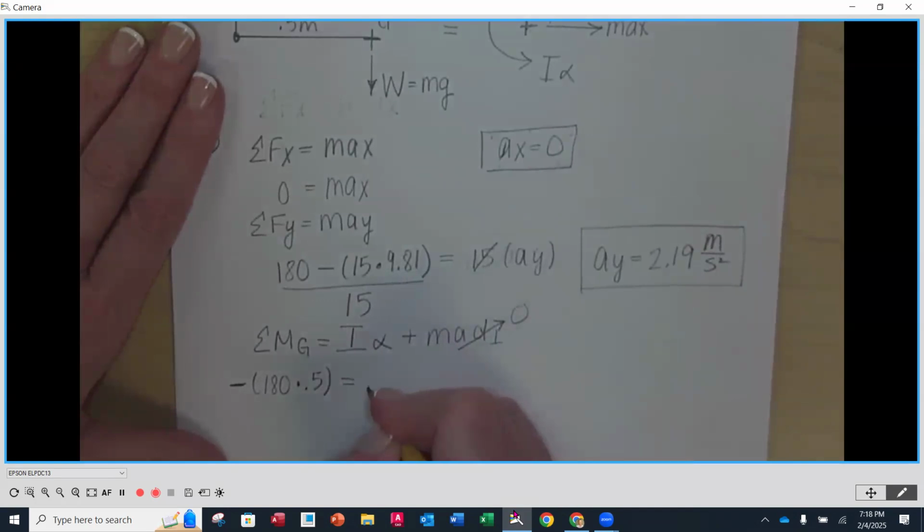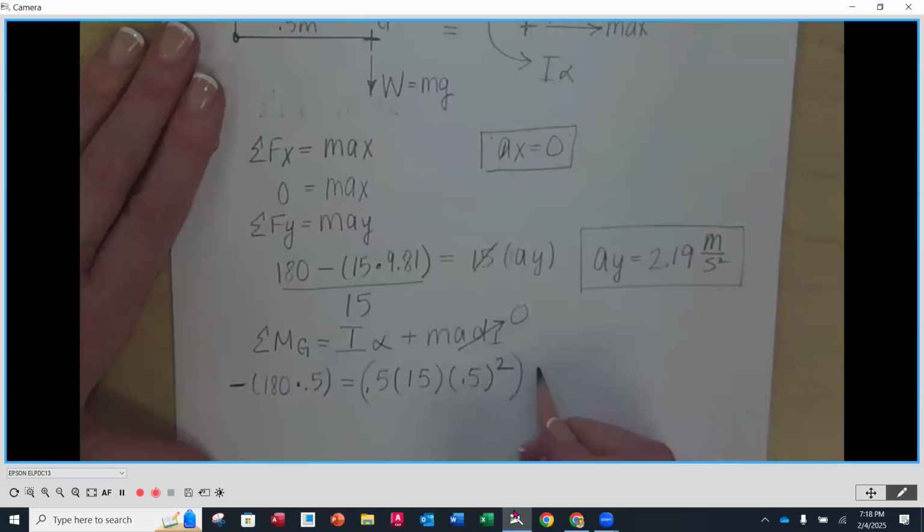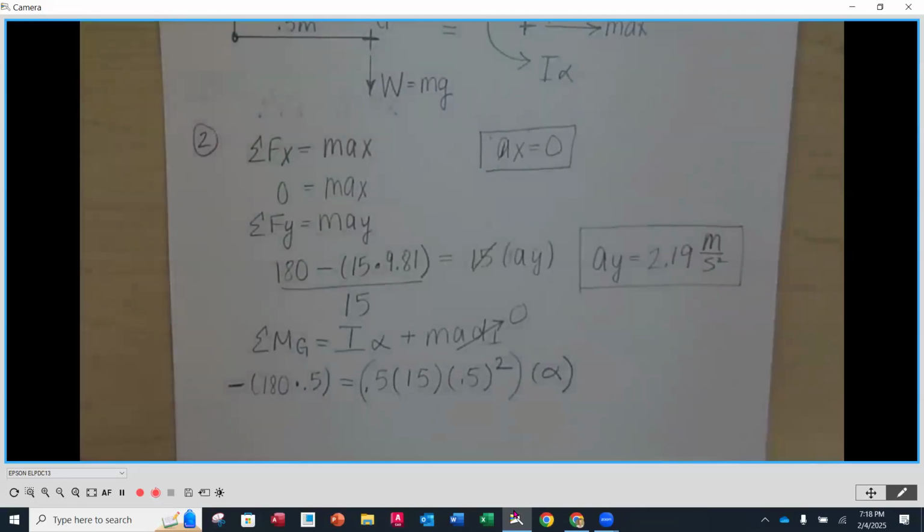So we're going to put 0.5 out front times 15, which is the mass, times the radius squared, which is 0.5 meters squared. Okay. And that is the moment of inertia. So this is I. And then we're going to multiply that by alpha.